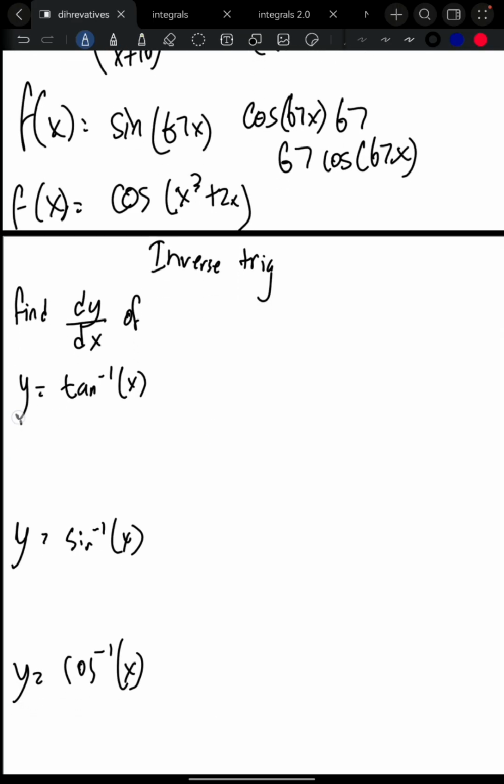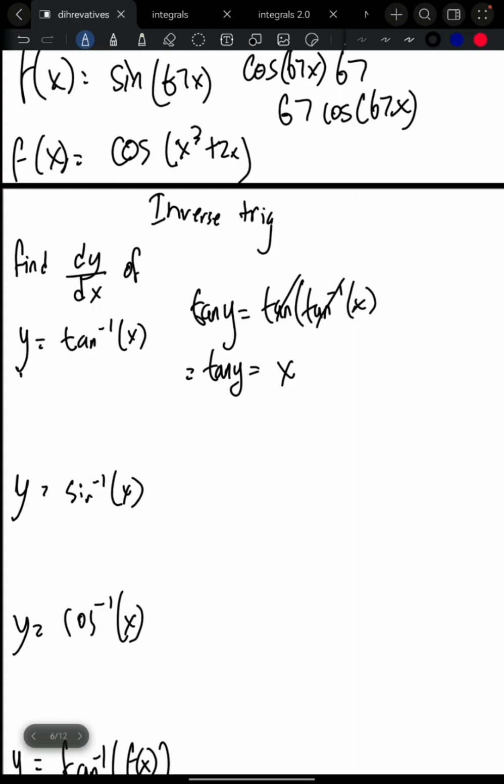So we're just gonna say y is equal to tan inverse of x, right? And then we're gonna find dy by dx. If y is tan inverse of x, you can take tan of both sides. So it's just gonna be tan y is equal to tan of tan inverse of x, right? So these cancel out. So this is just saying tan of y is equal to x, right?